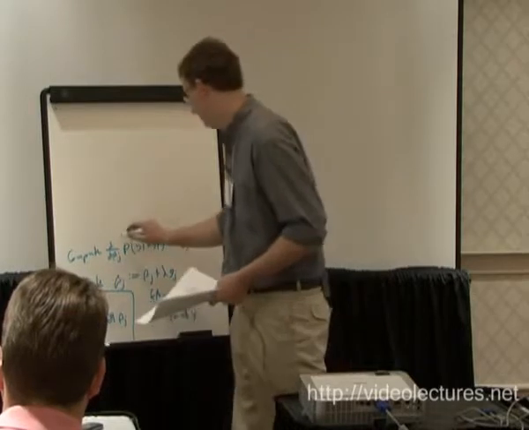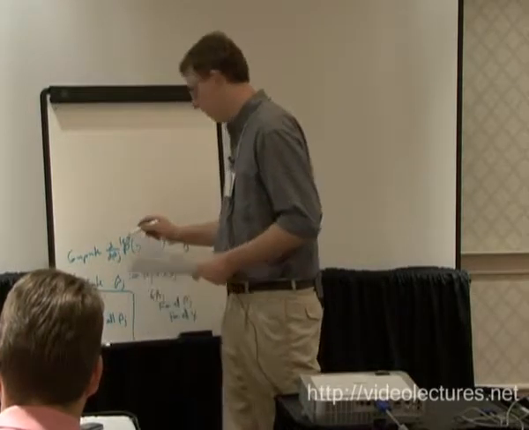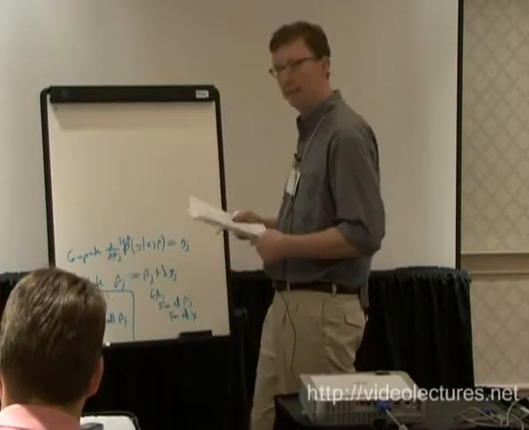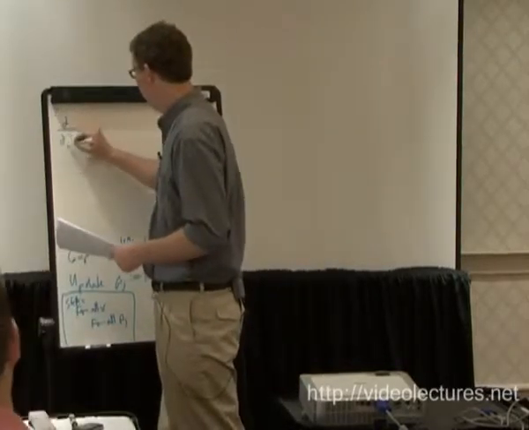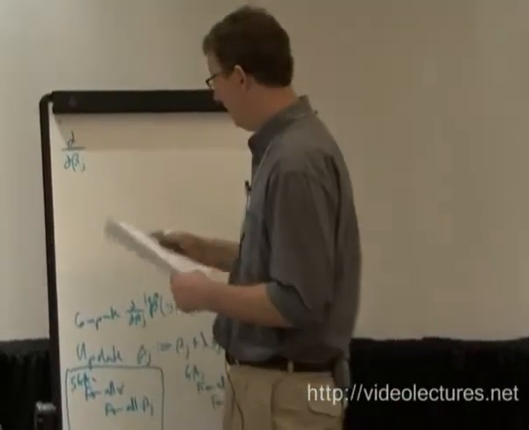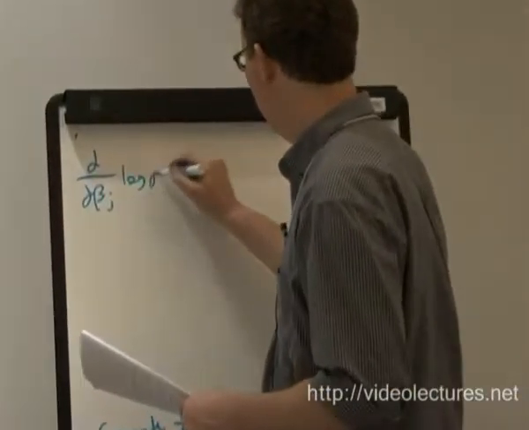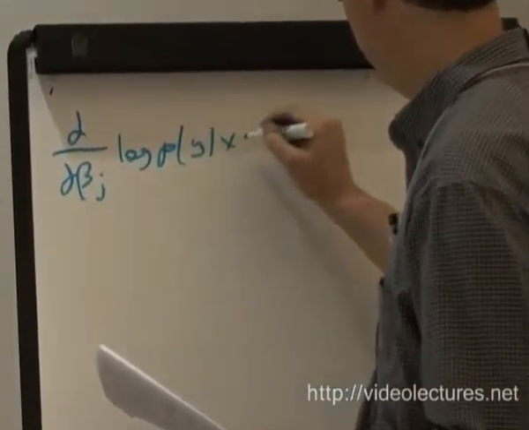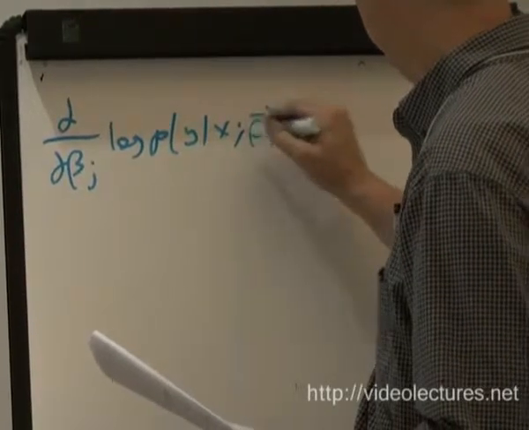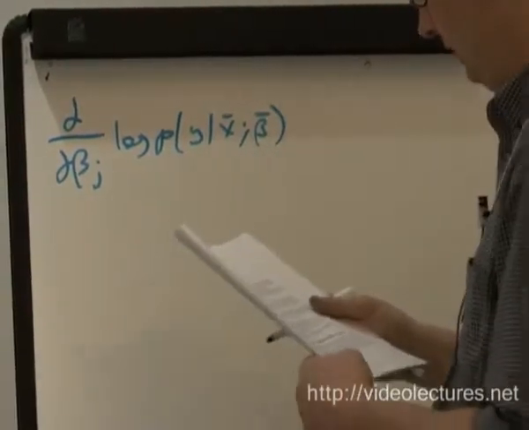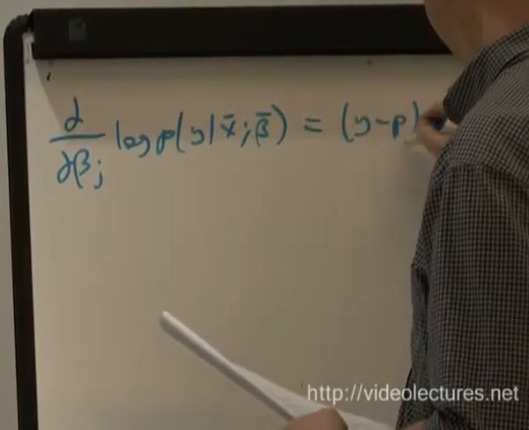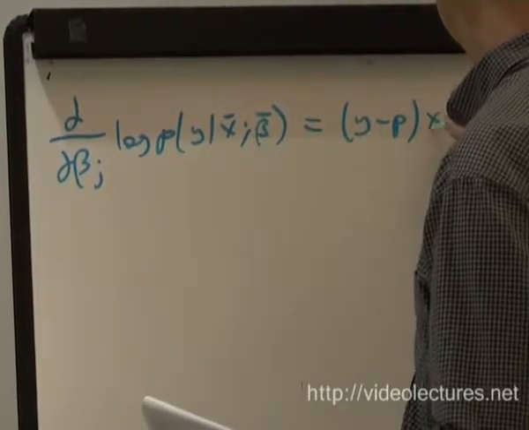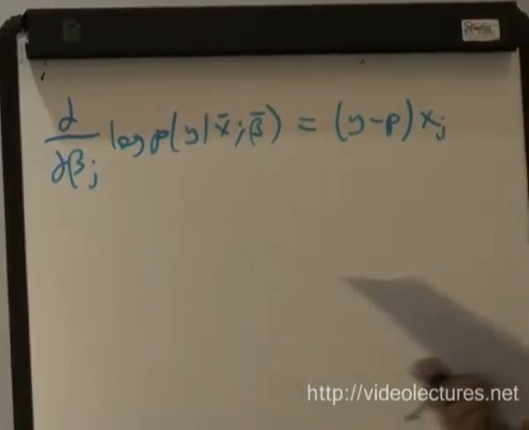So again, I'm going to use the log probability. I calculated this before: d by d beta j of log probability of y given x and beta is y minus p times xj.